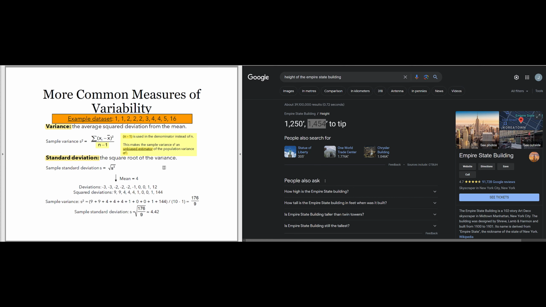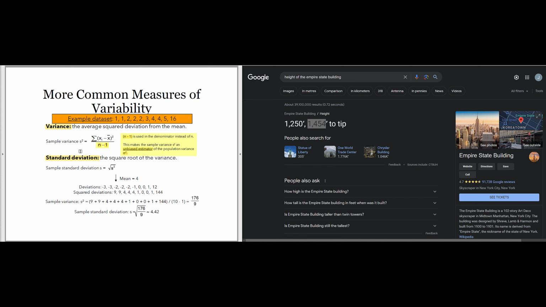What is the variability of the heights of skyscrapers in Manhattan based on this sample size? Well, what in the world are you talking about? You've only given me one sample. I can't say anything at all about the variability. And notice that this works out nicely because the sample variance has n-1 in its denominator.